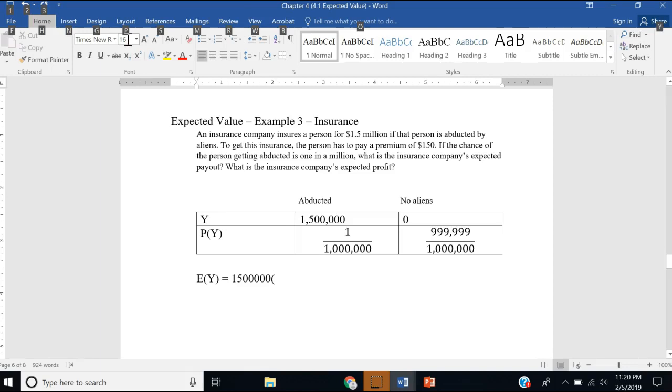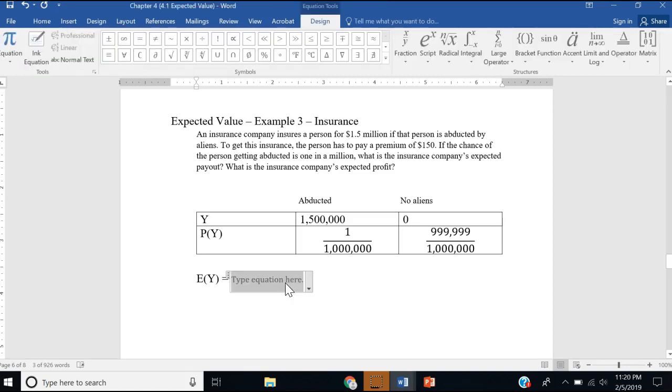Let's go 1.5 million multiplied times 1 over 1 million, and then plus 0 multiplied times 999,999 out of a million.